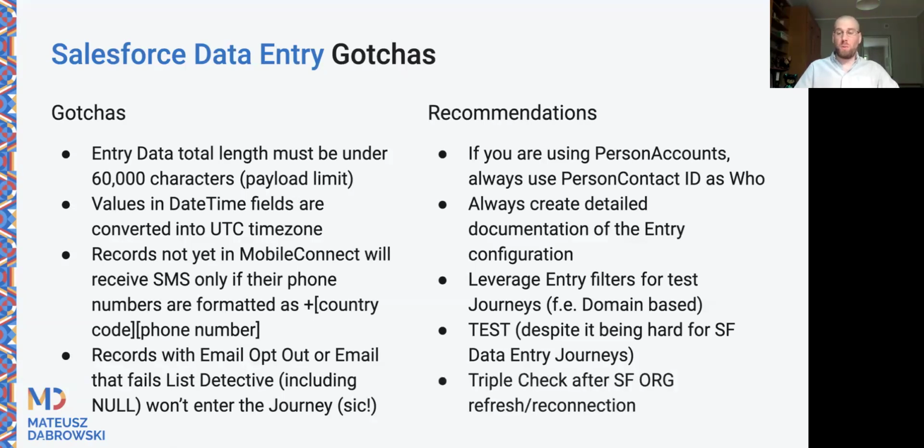And finally, always triple check whether all the configuration is still working fine whenever you do a Salesforce refresh or reconnection, because there are a lot of potential issues around this. Again, this is fragile around the Marketing Cloud Connect stuff.